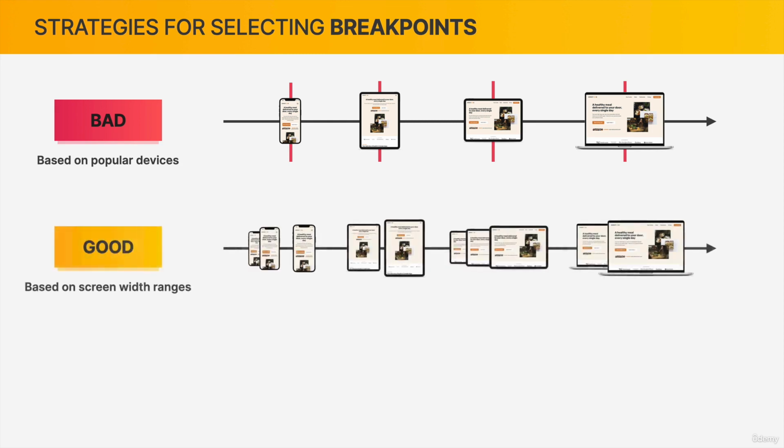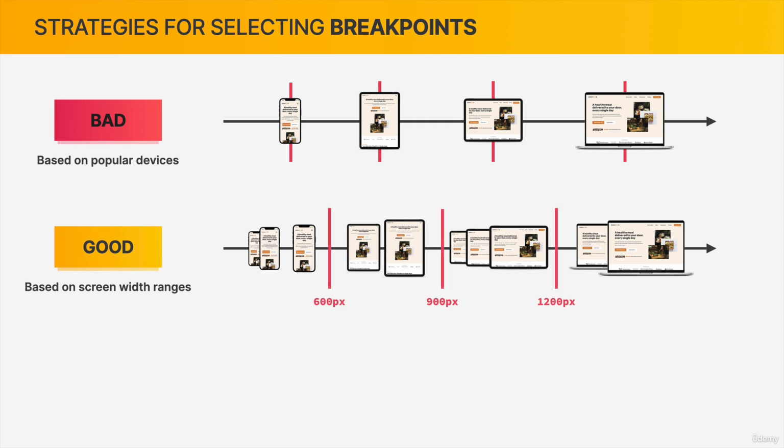And this one is based on screen width ranges. So basically what we do here is to look at the most used width for different categories of devices, like phones or tablets or desktop computers. And then we try to group them together in some logical way to then pick our breakpoints from that.